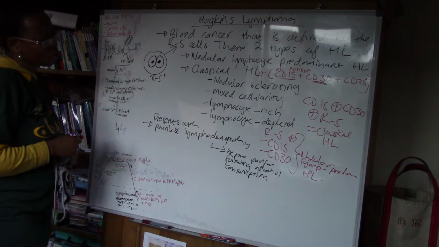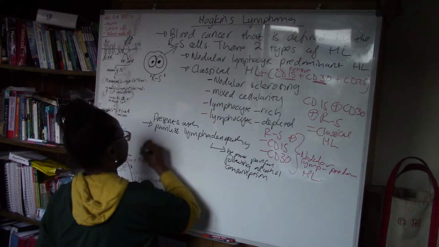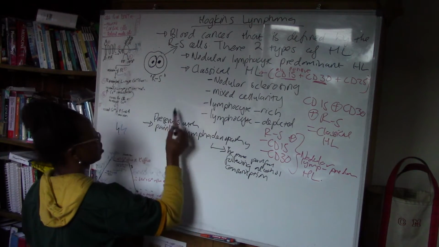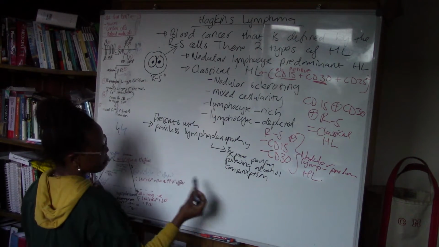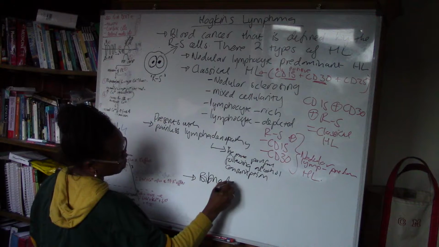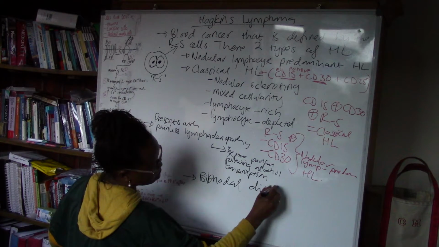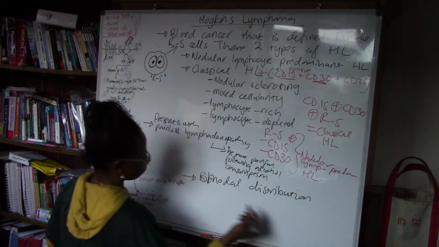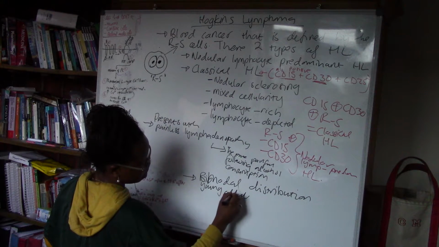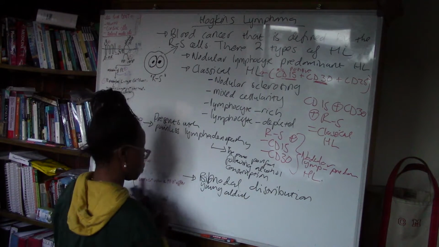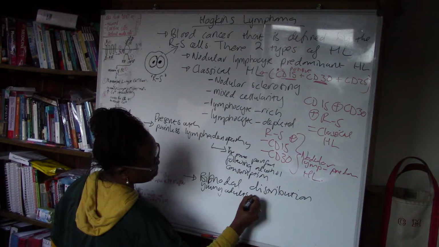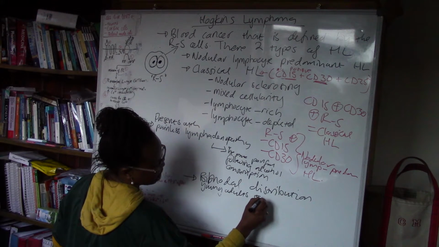Hodgkin's lymphoma is also known to have, and I've already mentioned that they all present with B symptoms. It has a bimodal distribution, in the sense that it will affect young adults between the ages of perhaps 15 to 30.